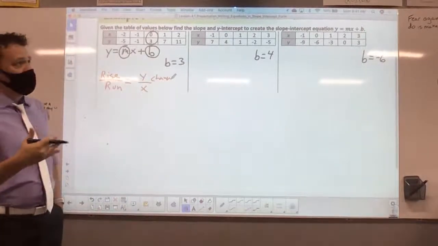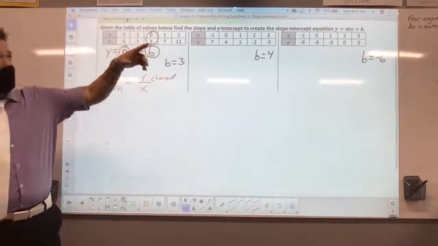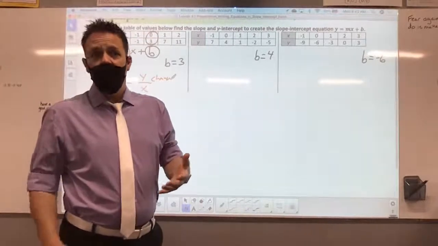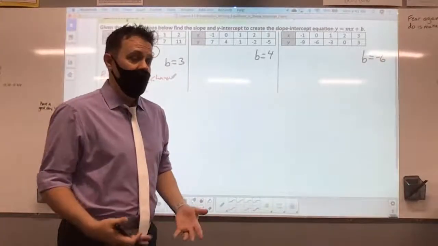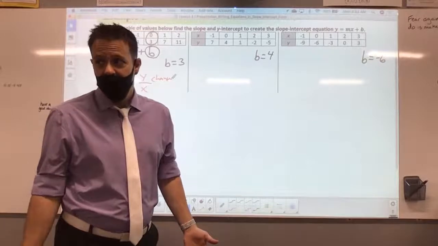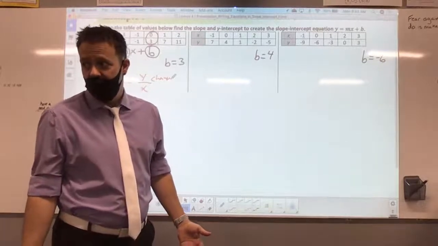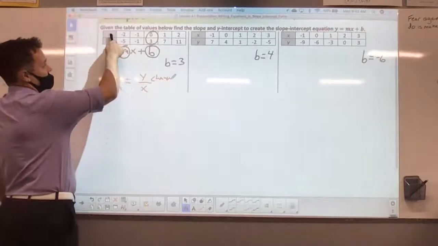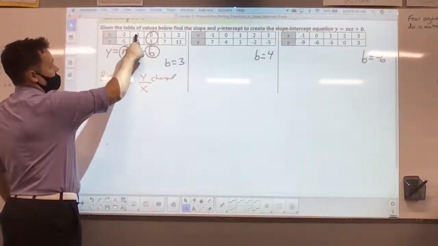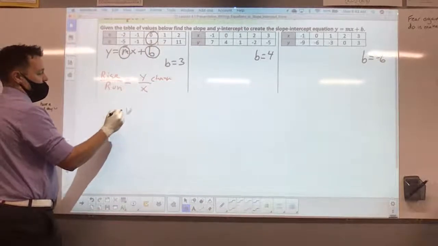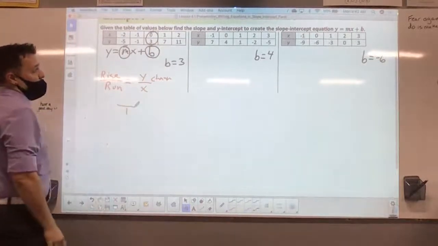Now, do I have to do the slope formula that's up there, y2 minus y1 over x2 minus x1? Can you do that? Yes. Do you have to do that? No. Most of you should be able to do this in your brain. What is the change in x? We're going from -2 to -1 to 0 to 1 to 2. What are they doing every time? Adding 1. And then what's the change in y?